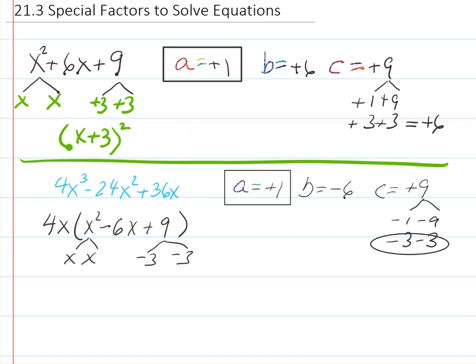So now we have the 4x being multiplied to the x minus 3, which is being multiplied to the x minus 3. But this could be made prettier by doing 4x times x minus 3, and since there's two of them, squared. All right, that does it for this video.